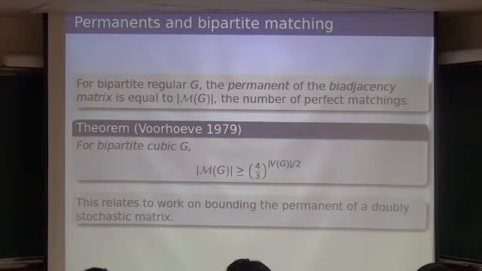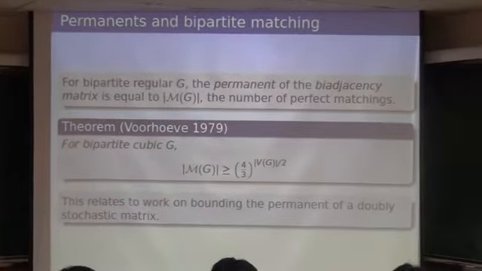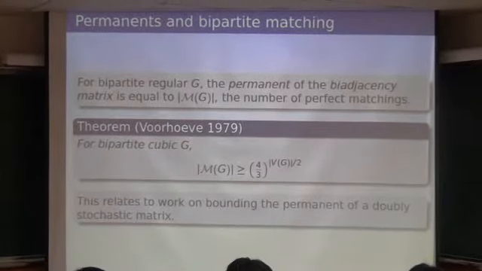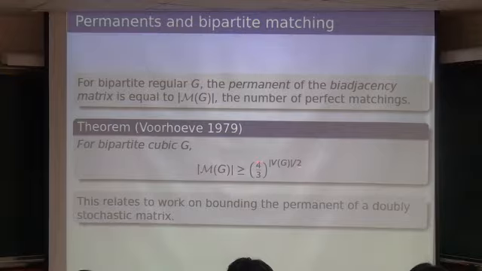So in this context, perfect matchings were really interesting to them. Verhoeven proved in the late 70s that for any bipartite bridgeless cubic graph, the number of perfect matchings is exponential in the size of the graph, 4/3 to the power of the number of vertices over 2. And we'll actually exploit his approach in our approach.